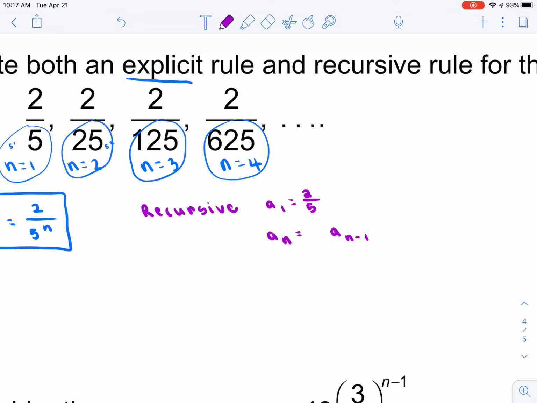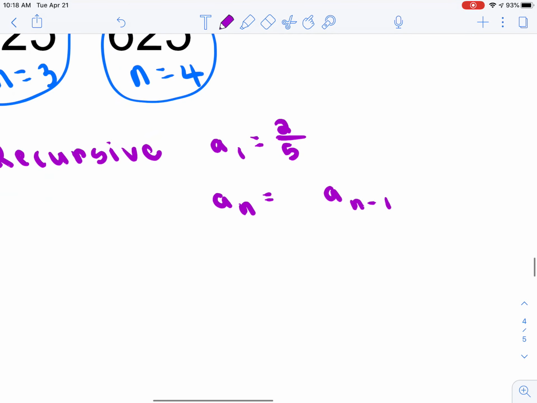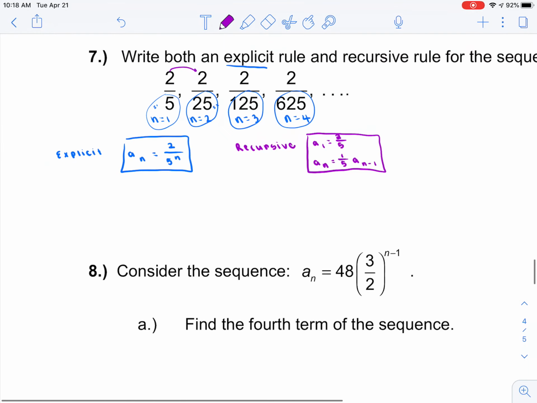I always put that there. And I want to think, what am I doing to the first term to get to the second? Well, I'm multiplying it by 1/5, right? Because the denominator gets multiplied by 5, but then I'd have to write that as 1/5. So I'm really taking the previous term and multiplying it by a fifth. And then that would be your recursive formula for that.